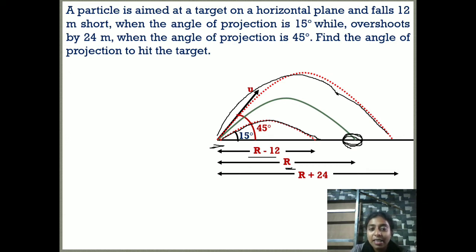So that is r plus 24. So when it is 15 degrees, the particle reaches here. When it is thrown with an angle of 45 degrees, our particle reaches here.